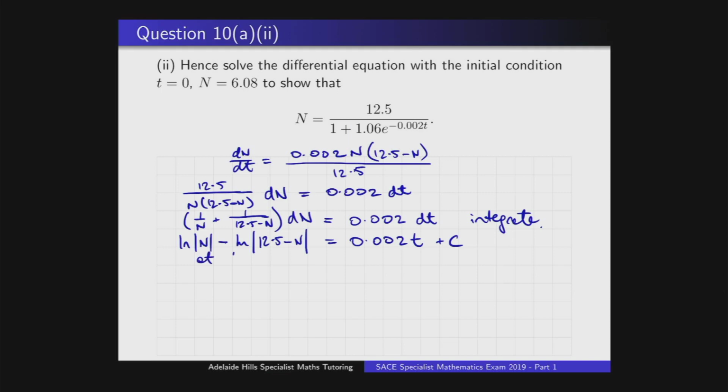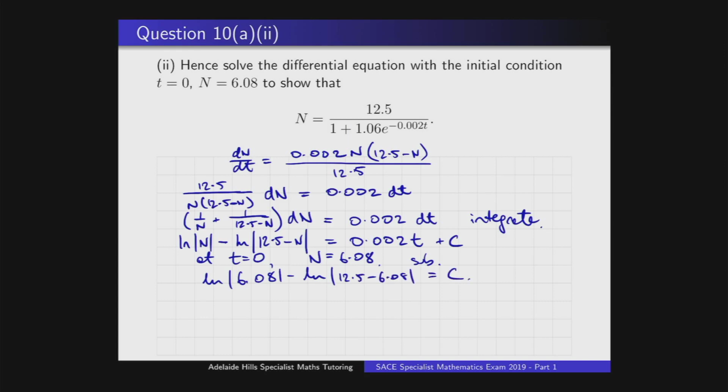And at t equals 0, we have n is equal to 6.08. And so substituting that, we get ln of the absolute value of 6.08 minus ln absolute value of 12.5 minus 6.08.